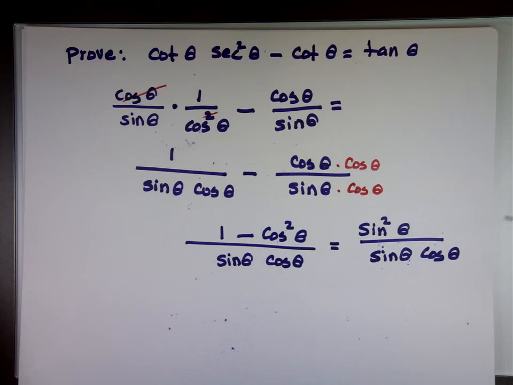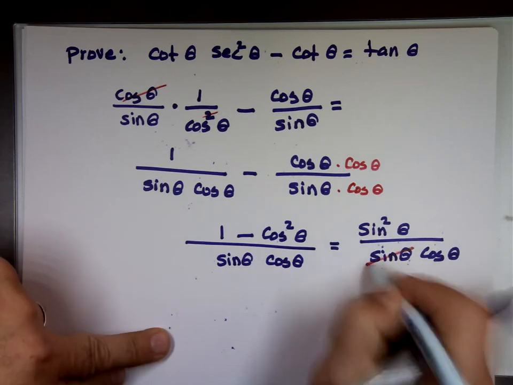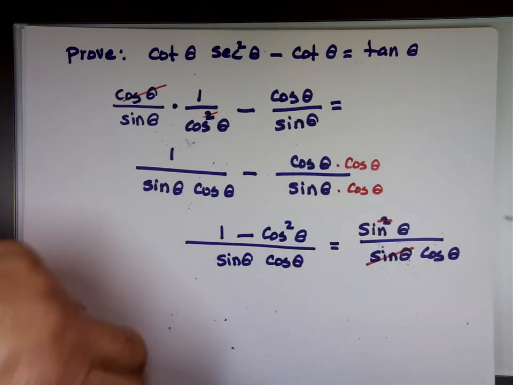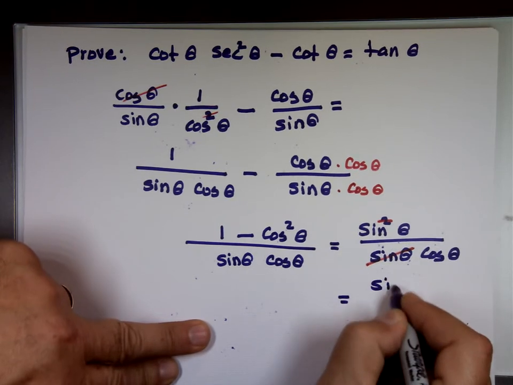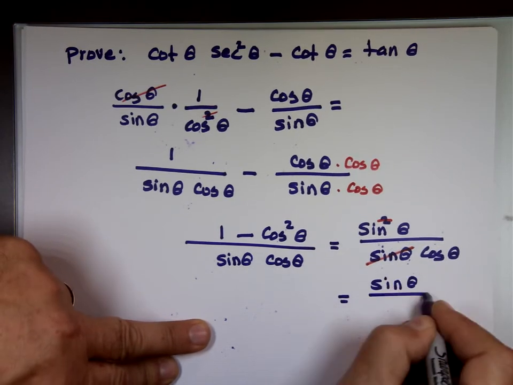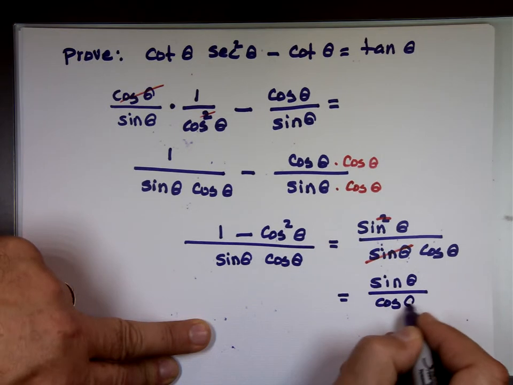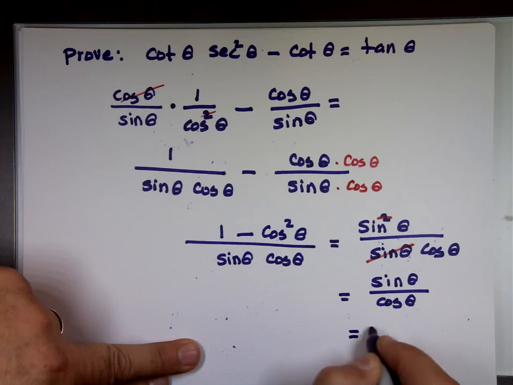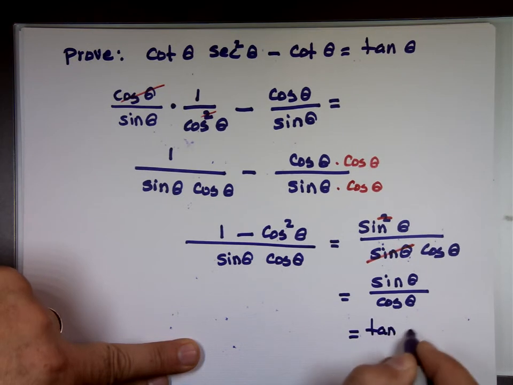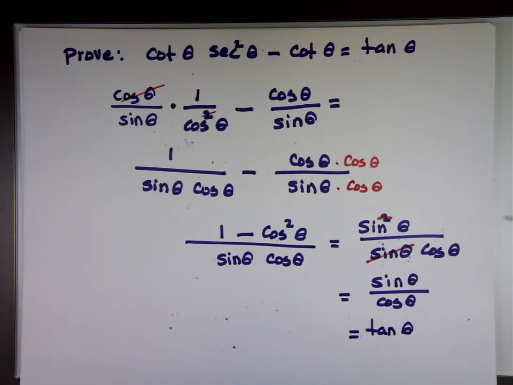This cancels one of these. Oh, they're both having the same one. Oh, he already subtracted them. That was our common denominator, but he skipped that and just subtracted. Tangent theta.